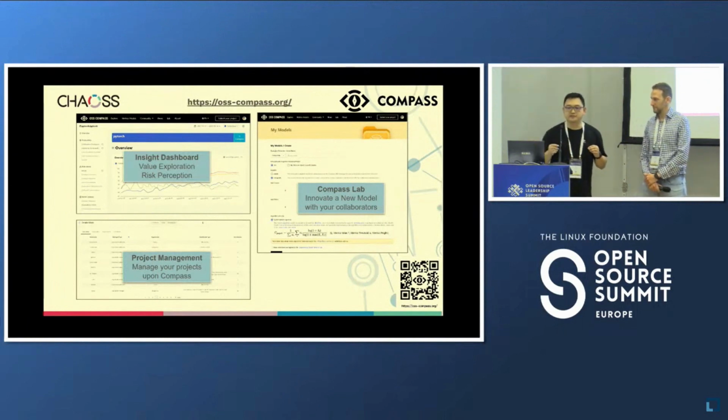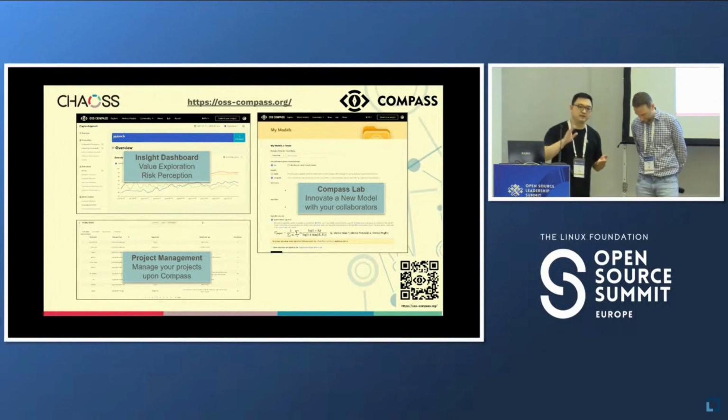And in the near future, we will launch a new project management data dashboard. When you have the 4 metrics model output and you find some problem as a project manager or maintainer, you want to improve it. How do you do so? We provide detailed metrics on each single project.